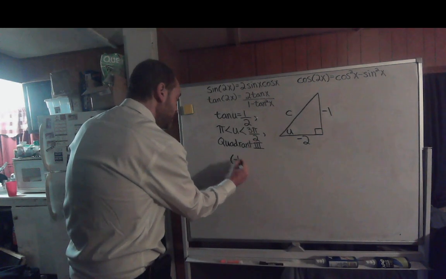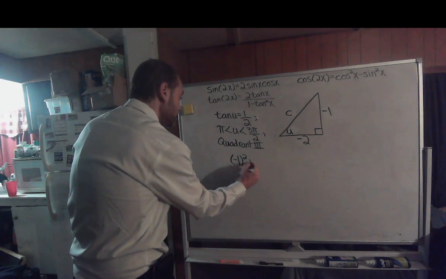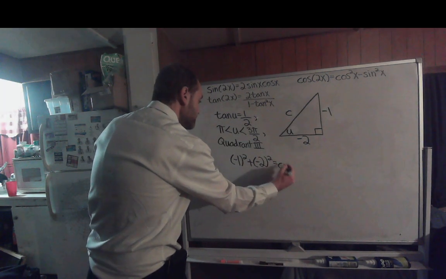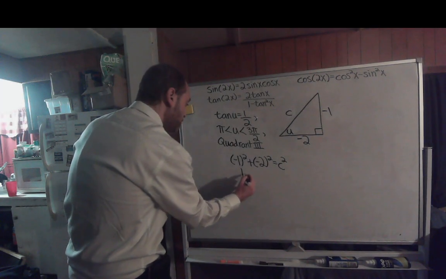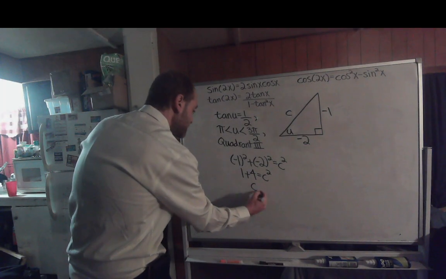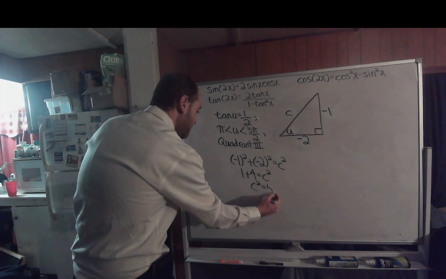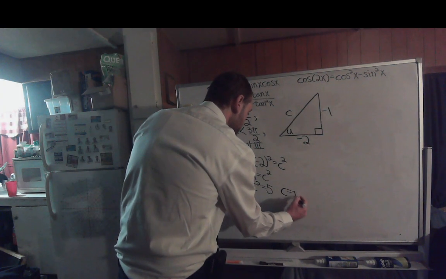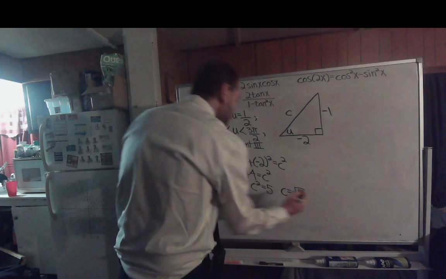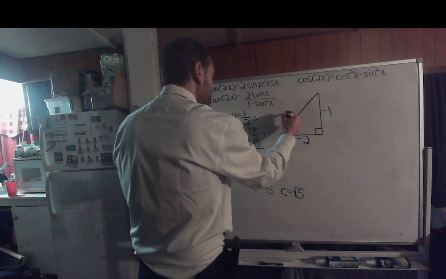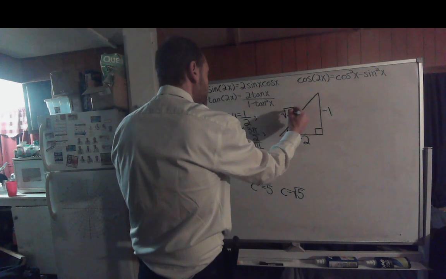So take that -1 squared plus the -2 squared, set that equal to c squared. You should end up getting 1 plus 4 equals c squared. c squared equals 5. Well, the hypotenuse is always positive, so c would be equal to positive square root of 5. So now we found the hypotenuse. That would be the square root of 5.